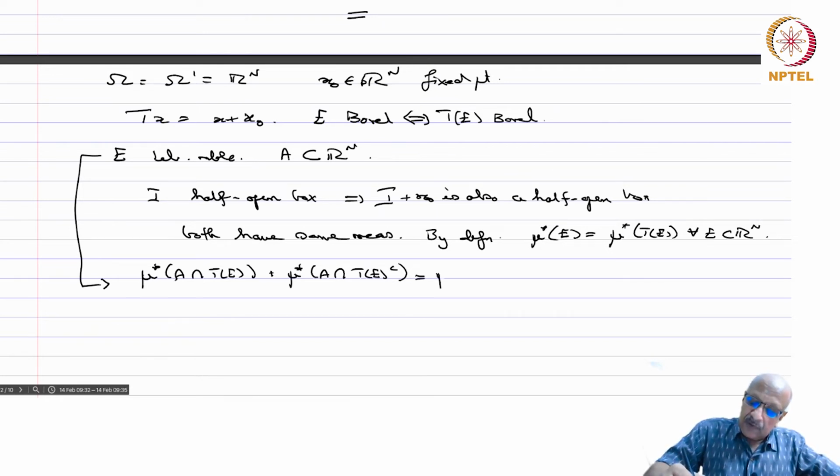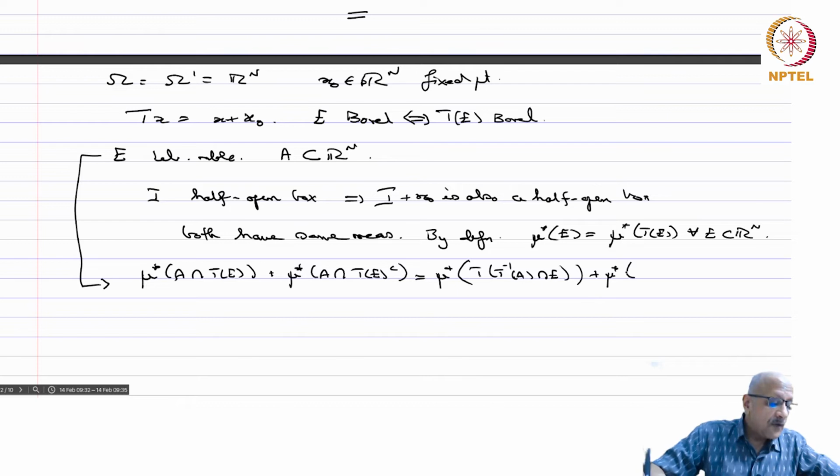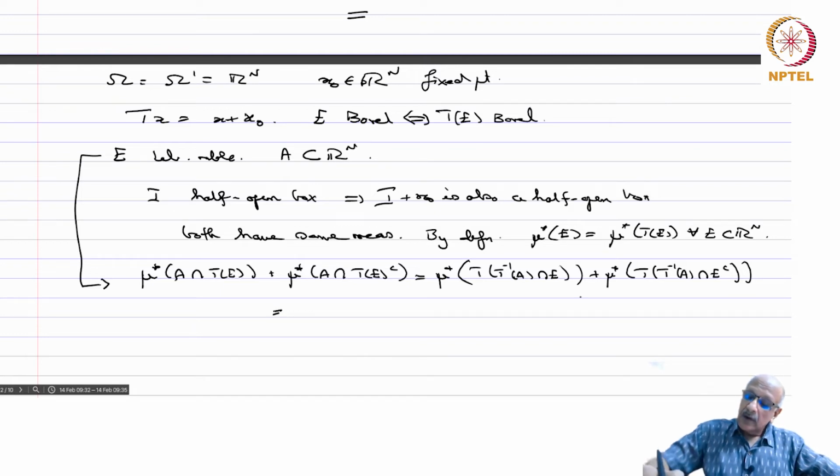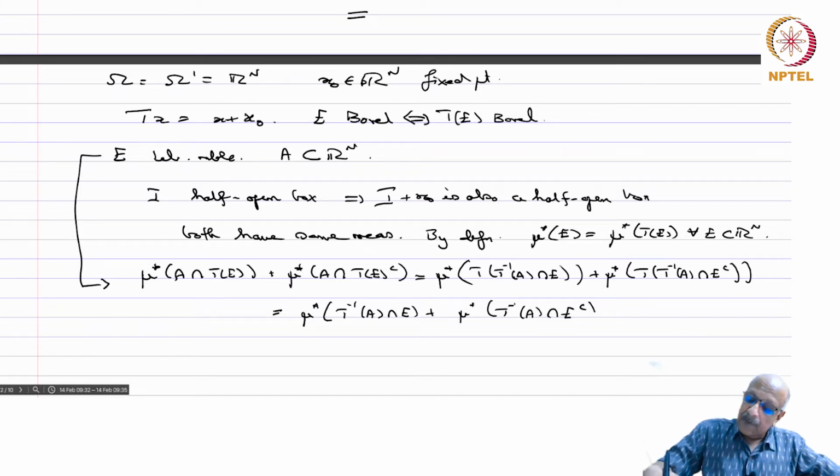So this is equal to mu star of T inverse A intersection E plus mu star of T inverse A intersection E complement. That's equal to, now mu star of T of anything is the same as the original mu star, so that is mu star of T inverse of A intersection E plus mu star of T inverse of A intersection E complement.